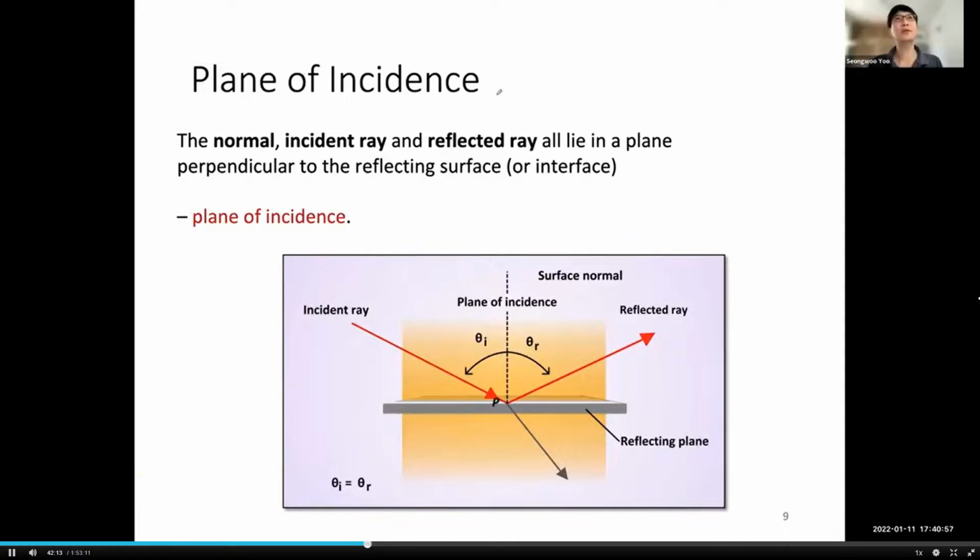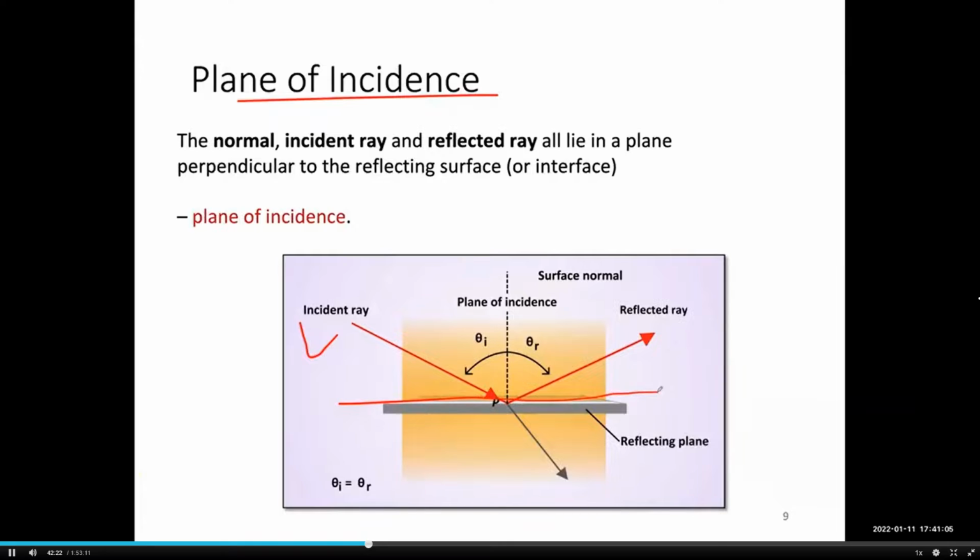In the plane of incidence, which is illustrated here, you can see the interface between two different media as the horizontal line, and we also introduce a vertical line in this plane. The incident ray is then drawn to the intersection point of this horizontal line and the vertical line.